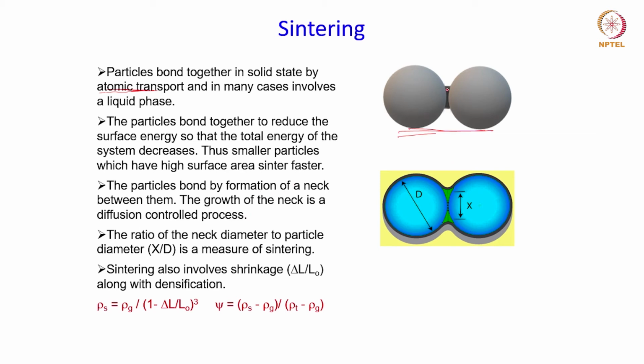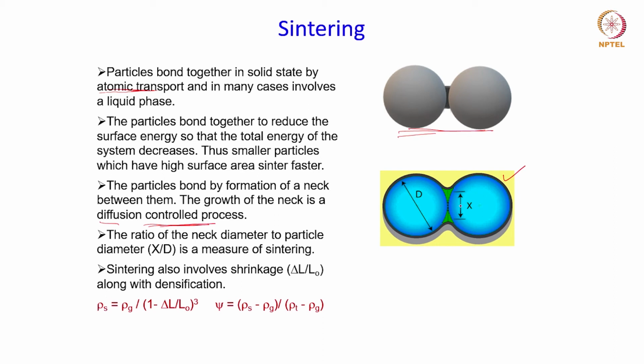As you see over here, this is the starting of the formation of the neck, and it will form in a manner like this, as it is shown schematically in this particular picture over here. And the growth of the neck is a diffusion controlled process, right? So the mass transport has to happen towards the neck for it to grow and the pores to be closed, and that ultimately will lead to densification.